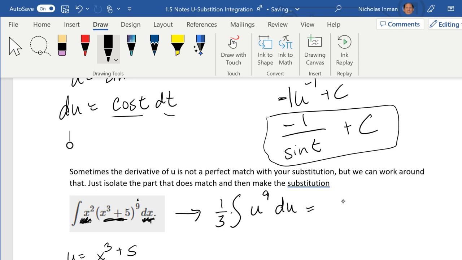So we have 1/3 u to the 10th over 10 plus c. Now I should multiply my constant by 1/3 in this case, but 1/3 times a constant is still just a constant. That plus c is just a constant. So we've got u to the 10th over 30. And now we can resubstitute our u.